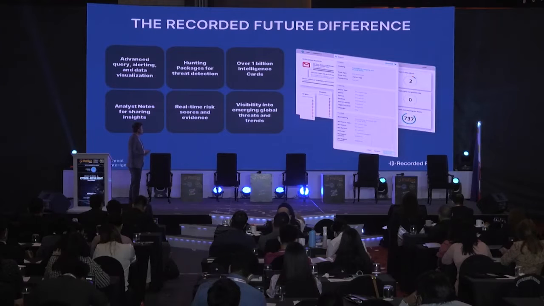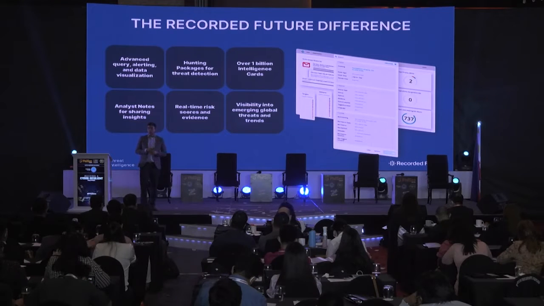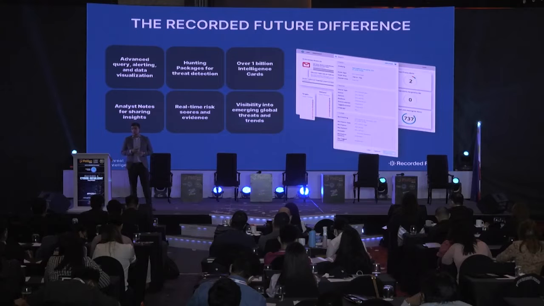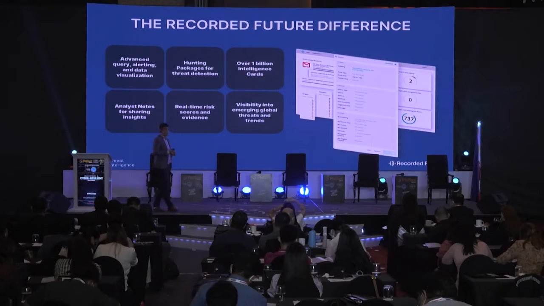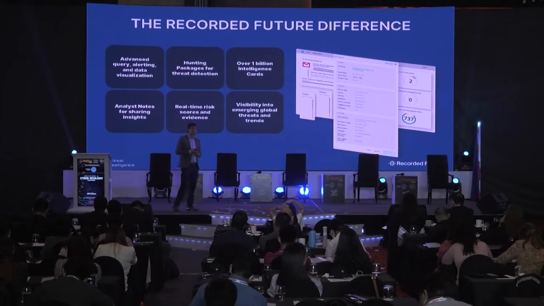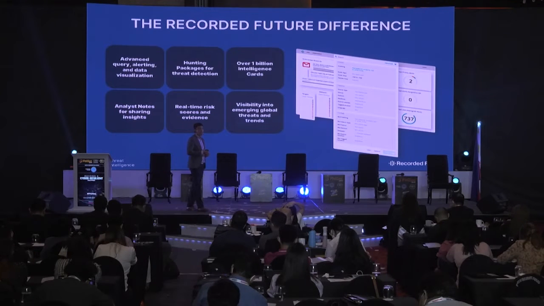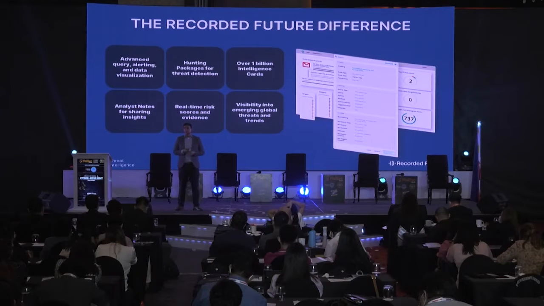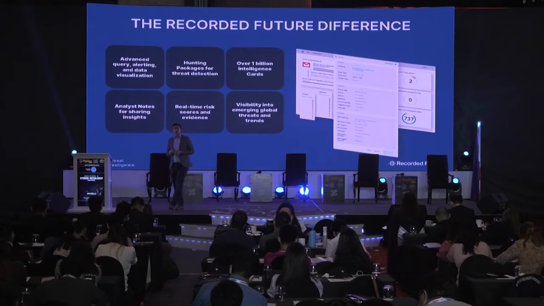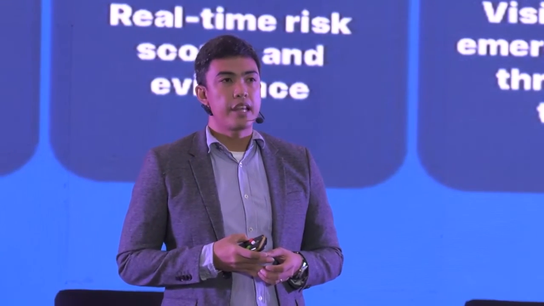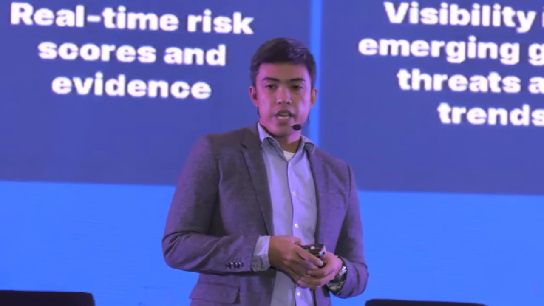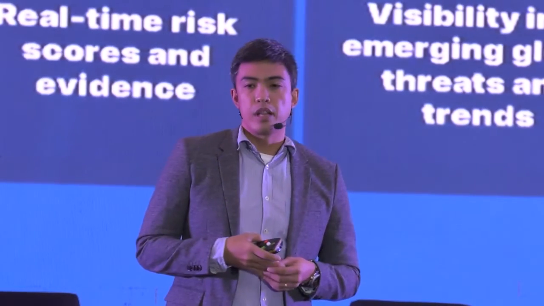So with Recorded Future, when you have access to the platform, you will have access to advanced query, where you can query all the entities that you wanted to investigate, from malware hashes, from companies, and all the risks that you wanted to investigate that are being detected on your network will be queried on our advanced query builder.